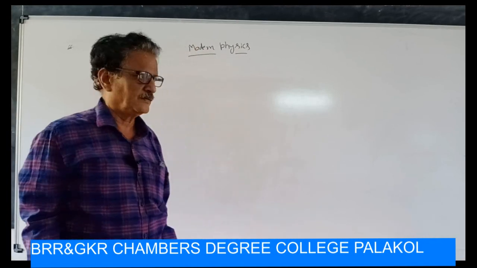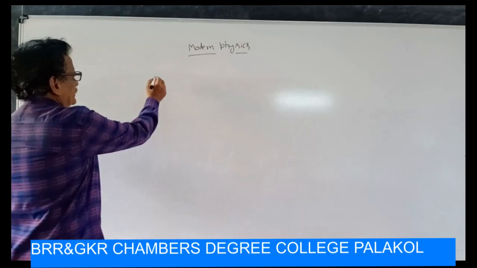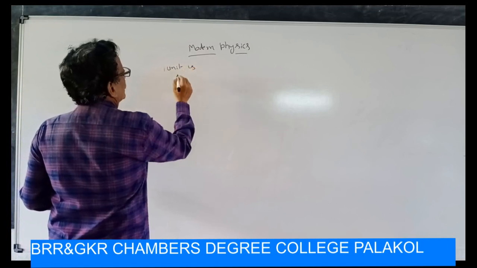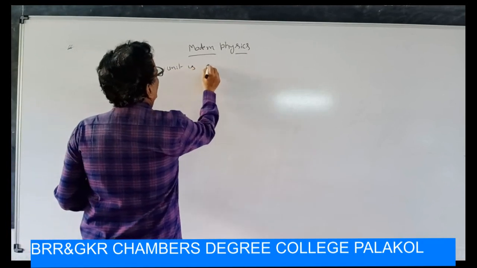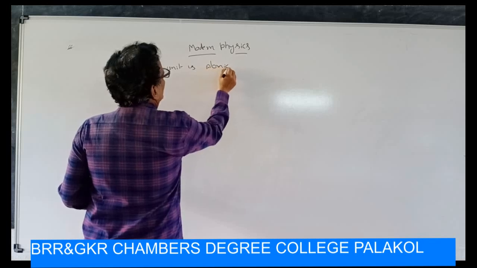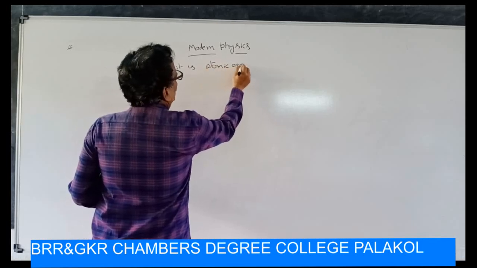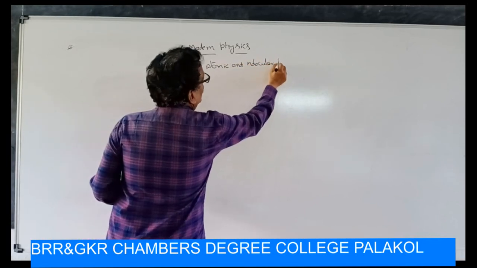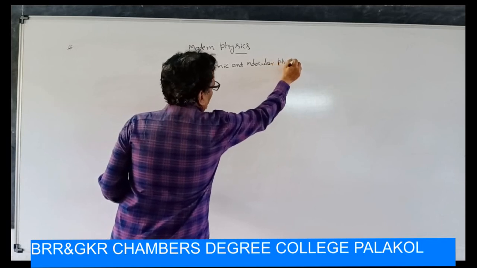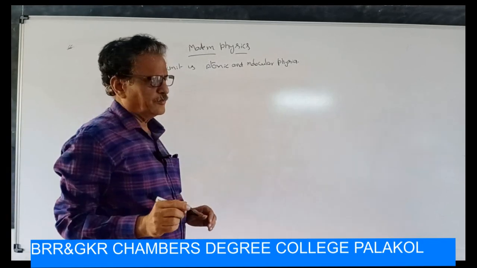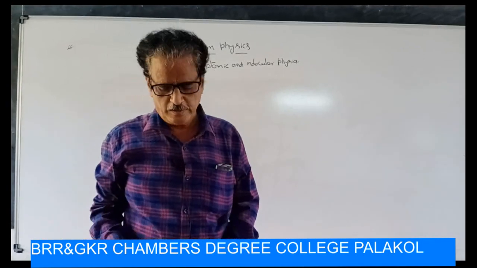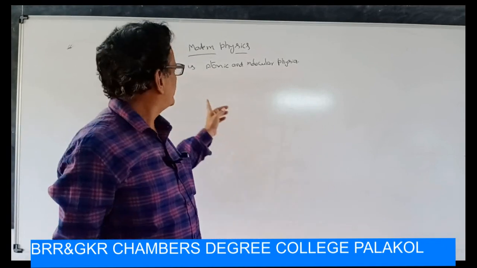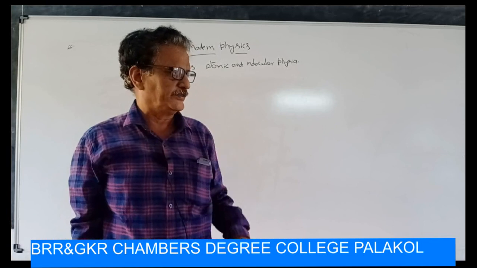In this modern physics, our first unit is atomic and molecular physics. Before going to the chapter, we must know the meaning of this title, atomic and molecular physics.